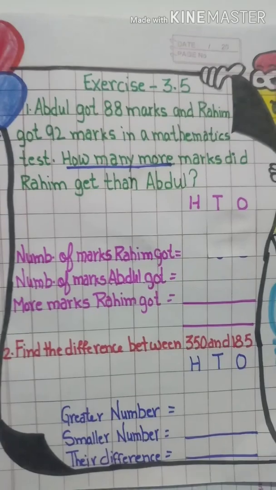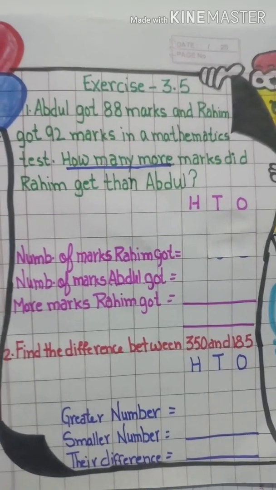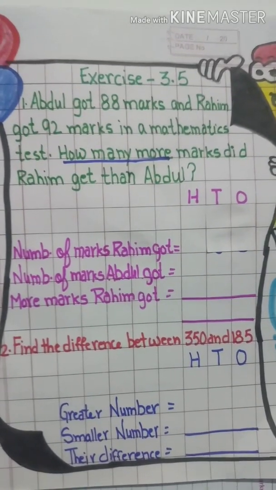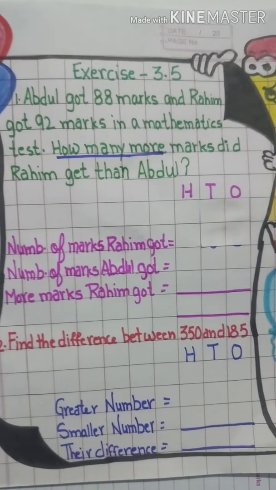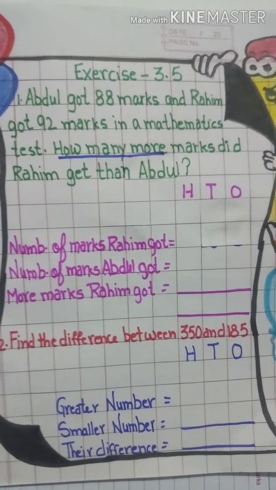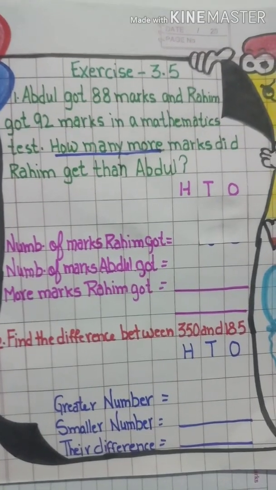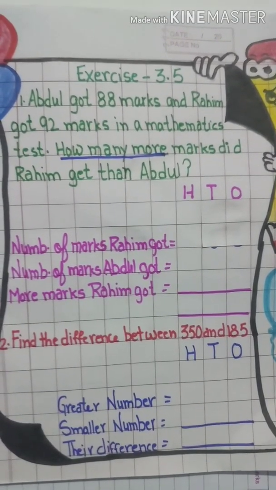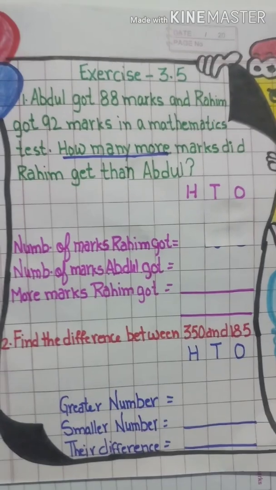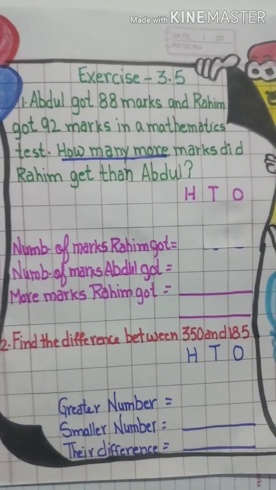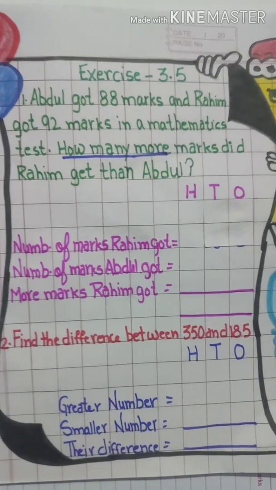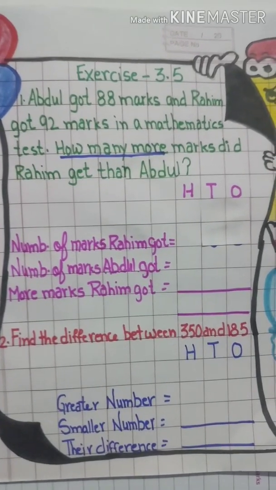First of all, we will read the statement carefully, and after reading the statement, we will try to find out the keyword. Now you will ask what is the keyword. The keywords that I told you earlier about subtraction, like how many more, how much more, difference, left with.